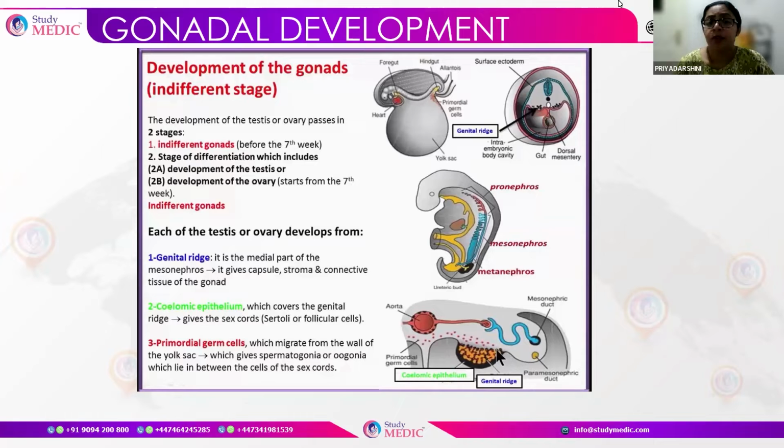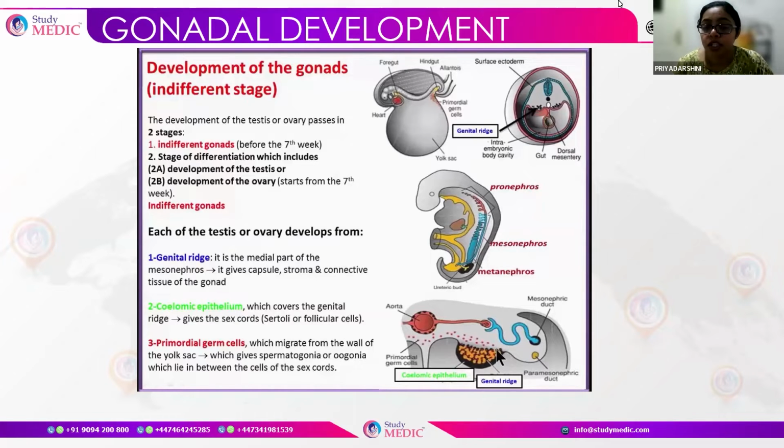And after that, when the gonads differentiate into testis or the ovary, we need to remember it has three different origins. What are they? First one is the genital ridge, which is seen in the medial part of the mesonephros. This is going to give rise to the capsule, stroma, and the connective tissue of the gonad. Next is the coelomic epithelium, which is going to cover the genital ridge.